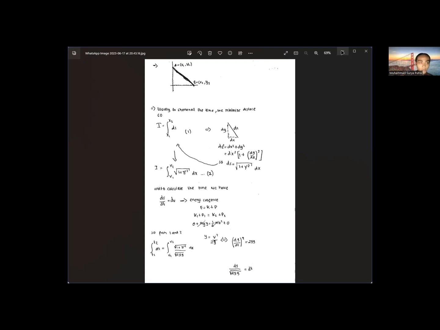The function is the y. In here, the f(x) is this f(x).